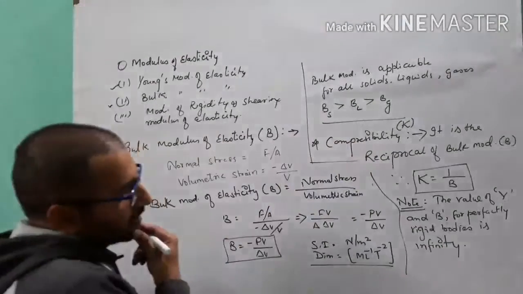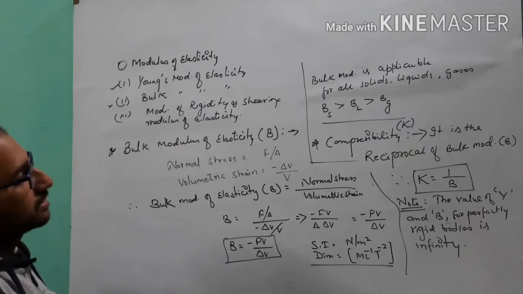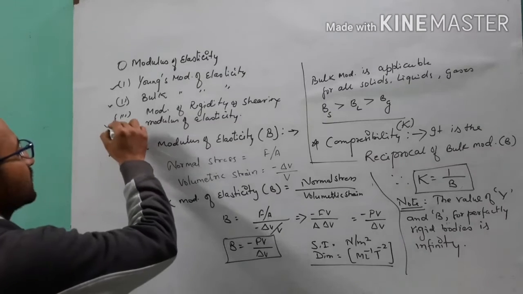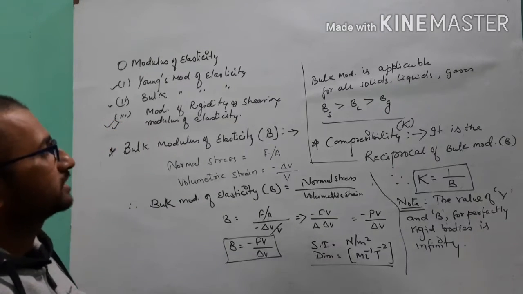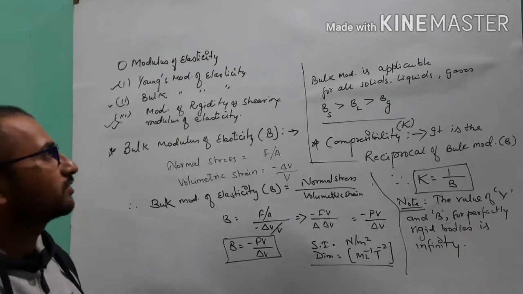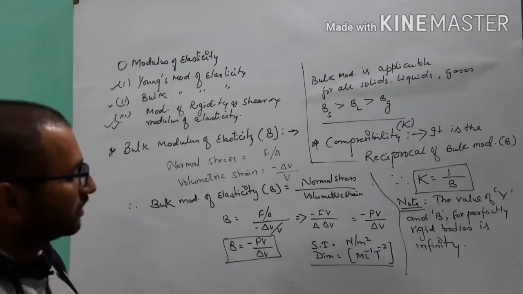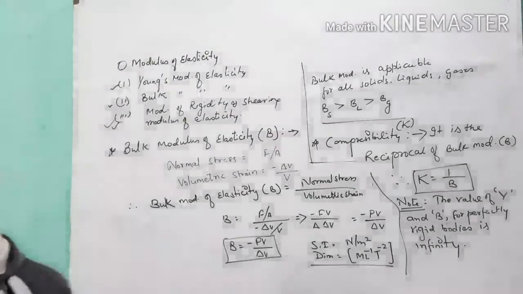Point clear? Now after this small discussion, I will talk about the next point: modulus of rigidity or shear modulus of elasticity. For that, pause the video and note down.